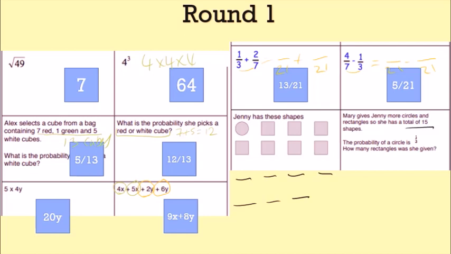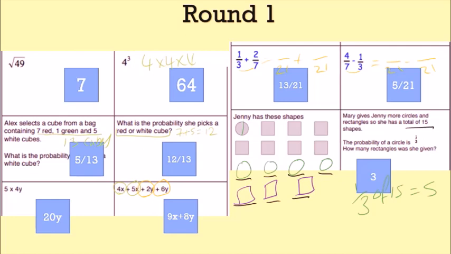The probability that she chooses a circle is 1/3. 1/3 of 15 is 5, so there must be 5 circles. Got one already. 2, 3, 4, 5, which means the rest of them are rectangles. 1, 2, 3. So how many rectangles was she given? The answer is 3. Well done.